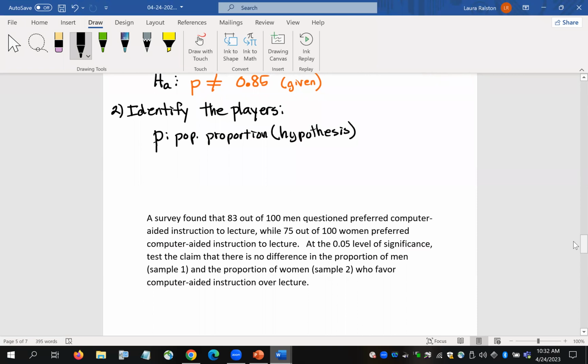You need P prime, which is the number of events, which is your successes.